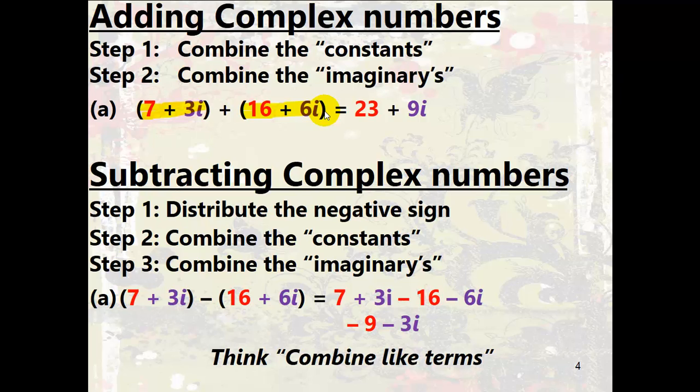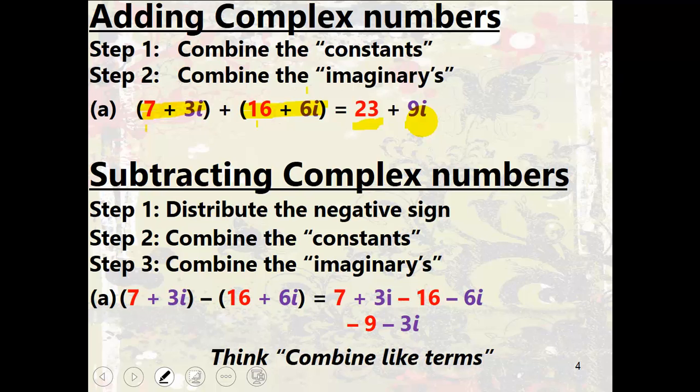So I take the 7 and the 16 and I add those together, and that gives me 23. Then I take the imaginary part, 3i plus 6i, and I add those together, and notice that if I have 3 i's on my left hand and 6 i's on my right hand, then I add them together and I have 9 of those i's. Right? So I just add them just like I would if it was 3x plus 6x, and that's going to give me 9i.